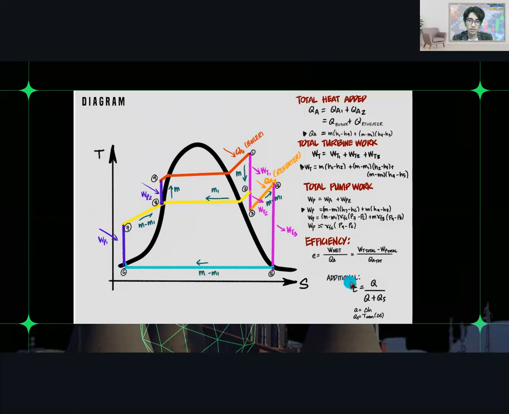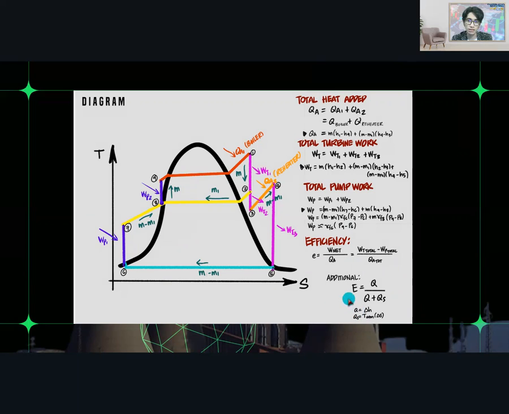Its efficiency is the net work over the heat added, equal to the total turbine work minus the total pump work over the total heat added.